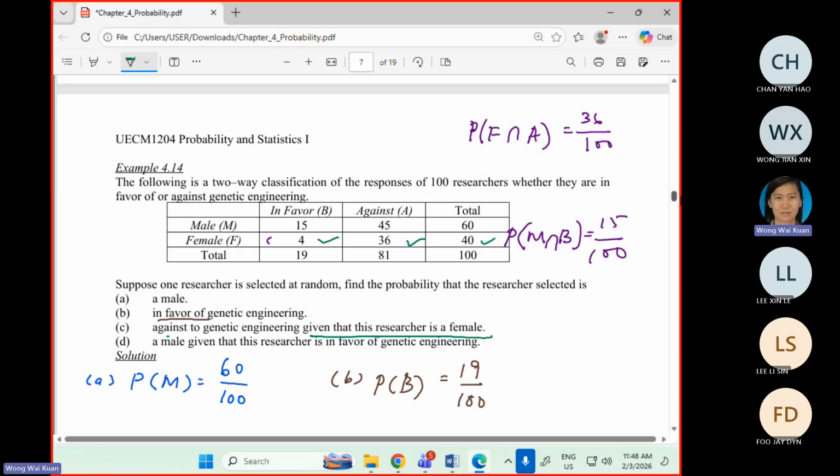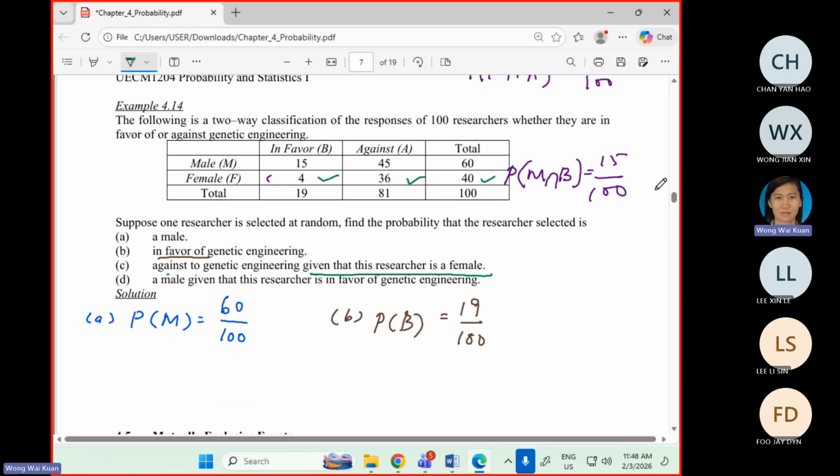So now, notation wise, you should know. I'm looking for the probability, given that this is a female. Given that this is a female, what is the probability that the researcher is against genetic engineering, so it's A, given female. So when I have this, given female, what is my total?